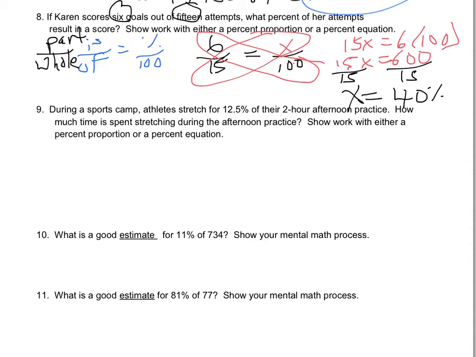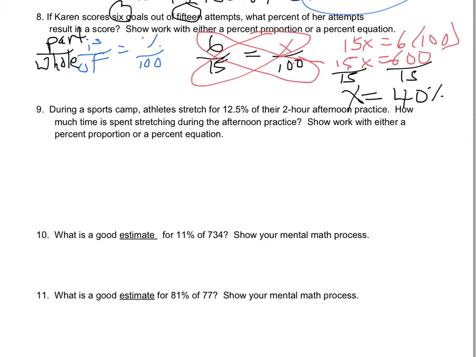Number 9. During a sports camp, athletes stretch for 12.5% of their 2-hour afternoon practice. How much time is spent stretching during the afternoon practice? She'll work with either a percent proportion or a percent equation. Okay.